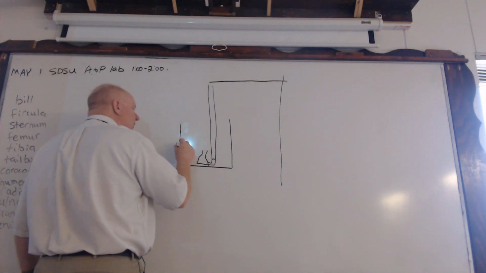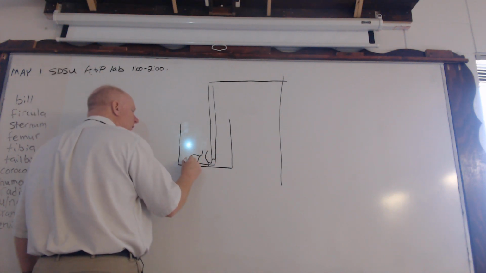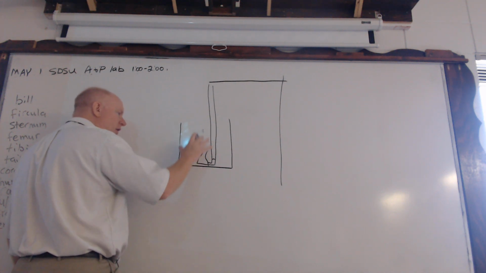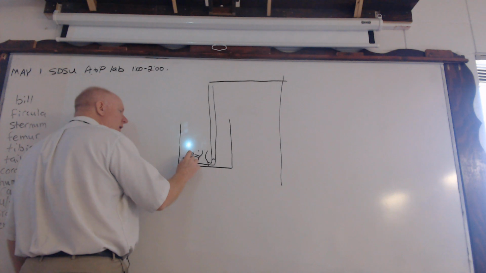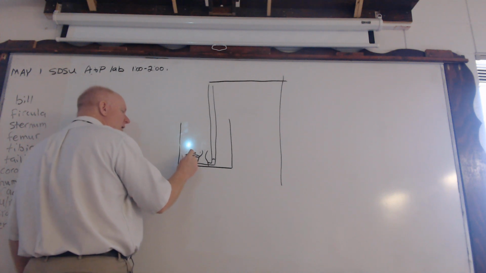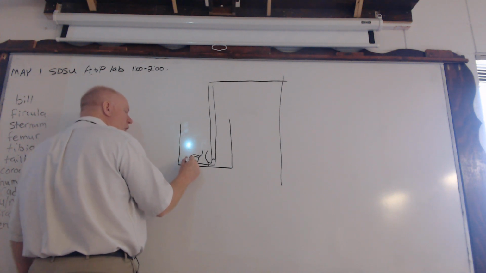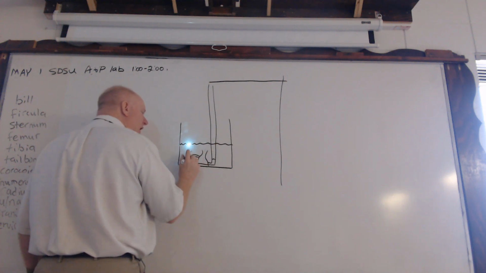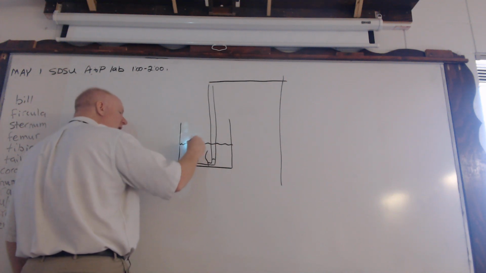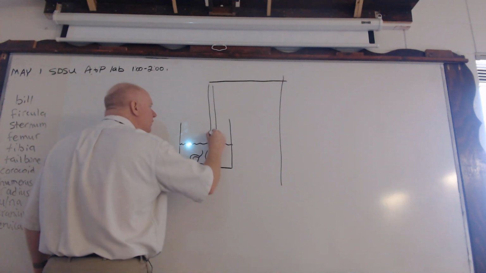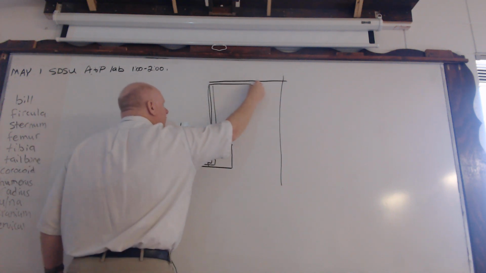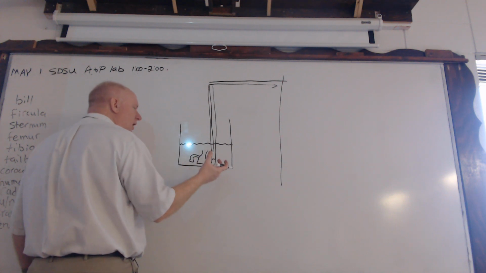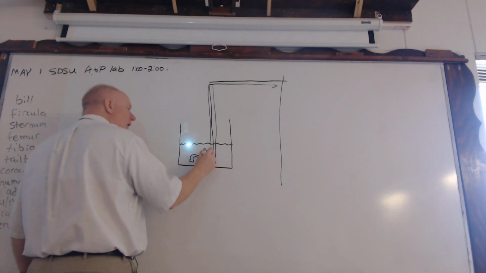Because what happens is, this is the float that would turn this pump on and off. As the water level goes up, that pushes the float up, it engages the pump, and water starts to flow out of here. Then your float goes down and it shuts the unit off. You don't have to put a check valve in here.